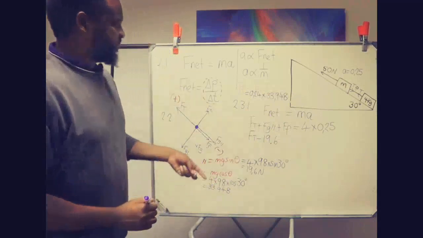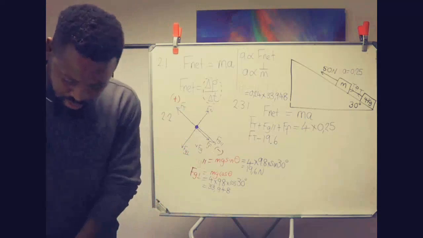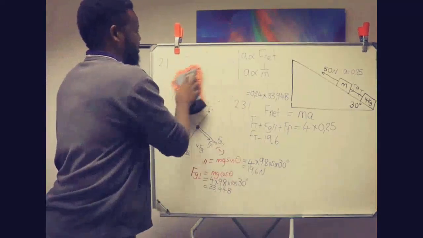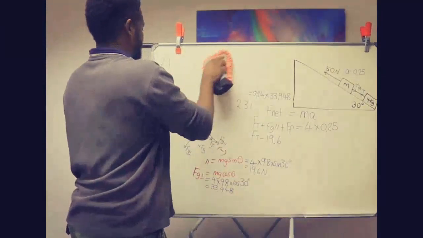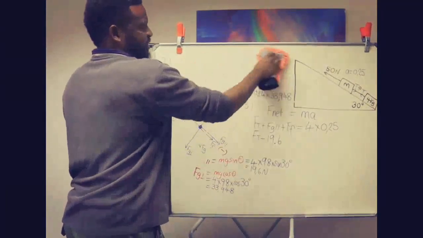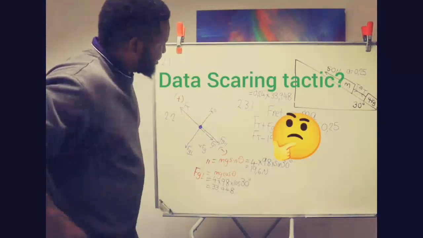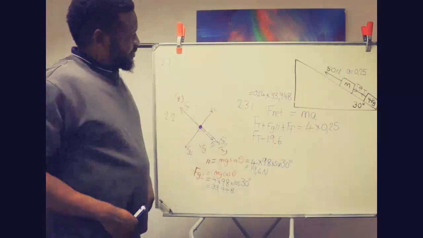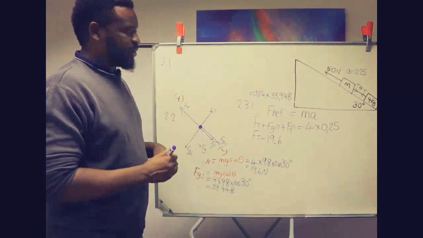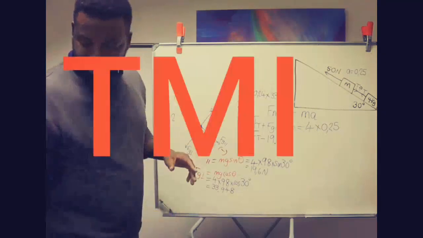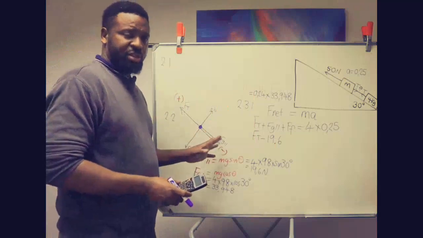I hope there's not too much information on this board that begins to intimidate, because once it seems like there's now too much data, you're going to have a data scaring syndrome where you're now scared of data. Too much information. And I know that young generations say TMI. Guys, I'm not setting up a TMI. Work with me.